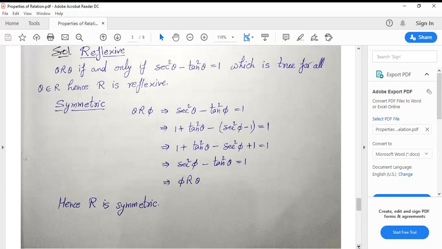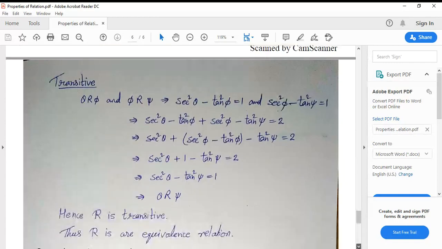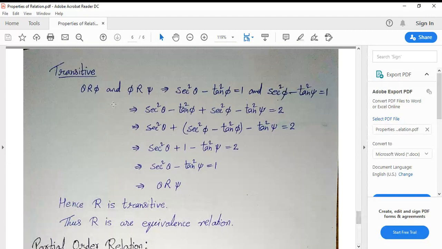Now next we have to show whether it is transitive or not. For transitivity we have to take three elements. So here we consider the three angles theta, phi, and the next angle we take is psi. If theta is related to phi and phi is related to psi, then we have to prove that theta is related to psi.